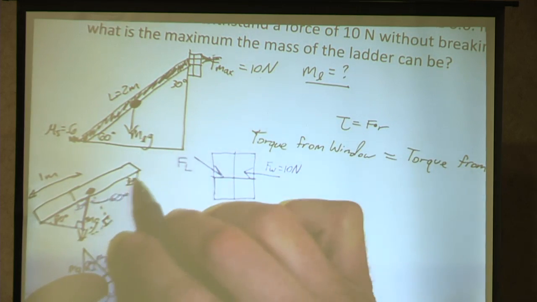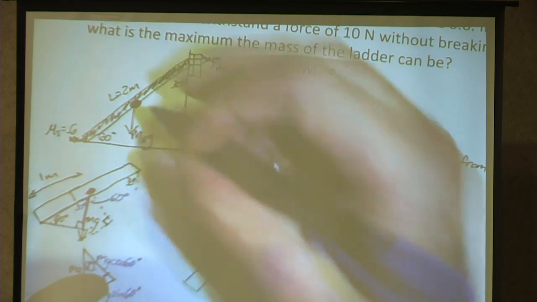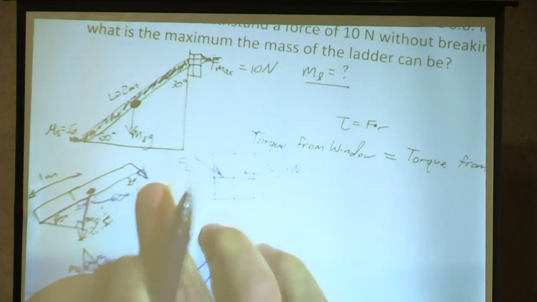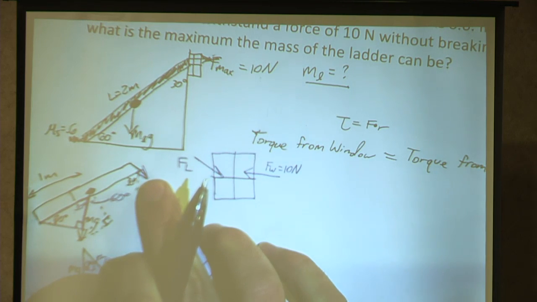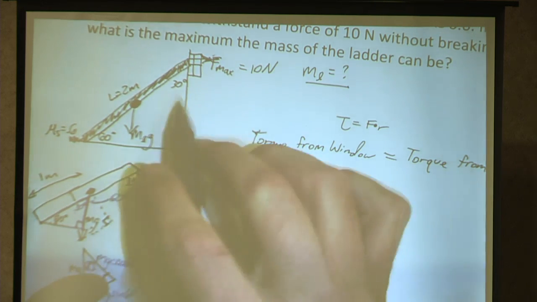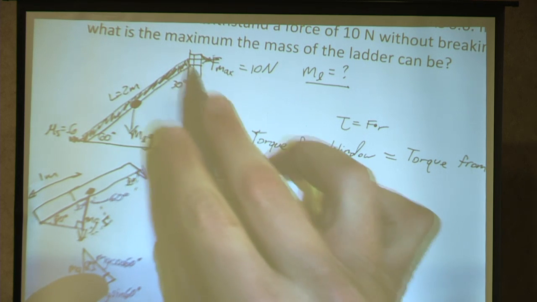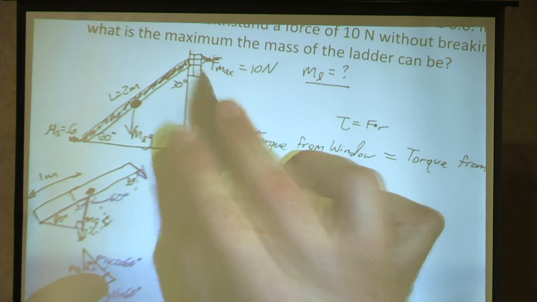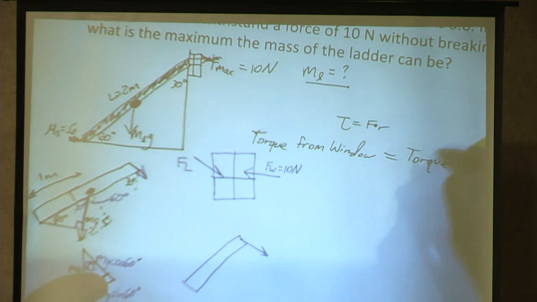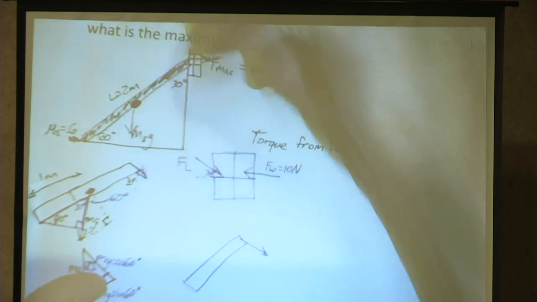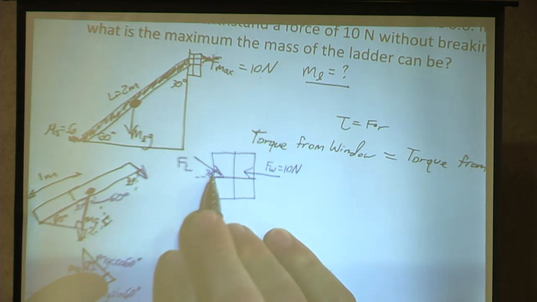So we've got, this is 30 degrees. This is going to push down also at 30 degrees, because it made a 30-degree angle with the vertical from up here. So this going downward will be at 30 degrees. Okay? And that's going to be important for right here. So that's going down at a 30-degree angle.